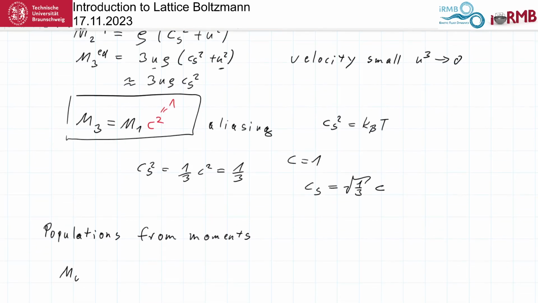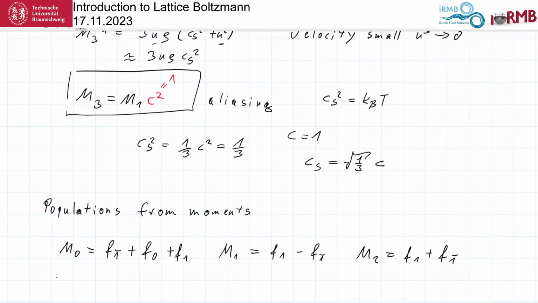So we see M0 is F minus 1 plus F0 plus F1. M1 is F1 minus F minus 1, and M2 is F1 plus F minus 1.